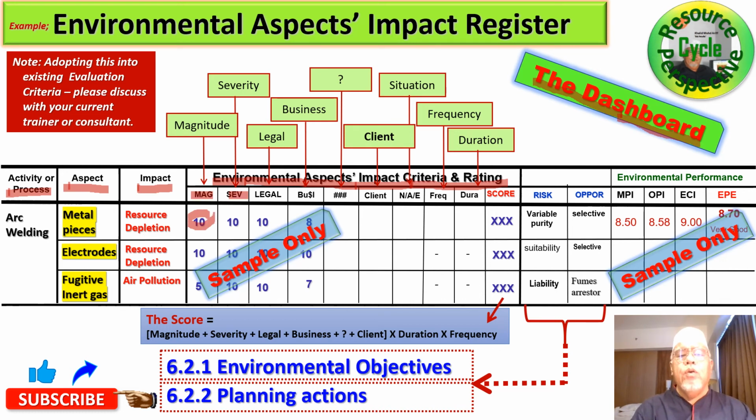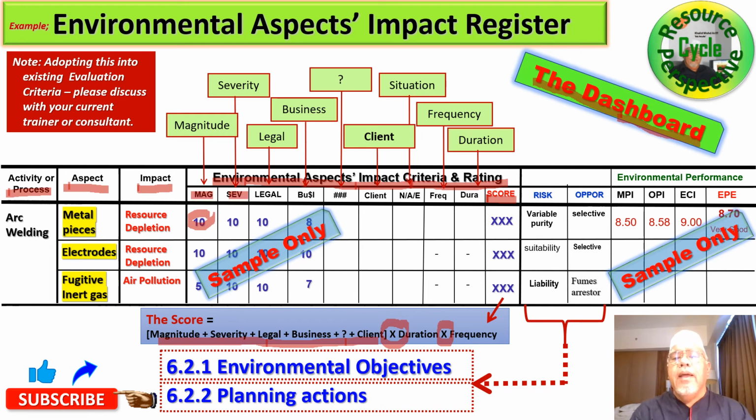Eventually we have a few other evaluation criteria, and a formula where all this is added up and multiplied by duration and frequency. This is learned from statistics used in health and safety, actually, and eventually we get the score. So by virtue of the score, we know which aspects score higher, meaning the most significant impact.